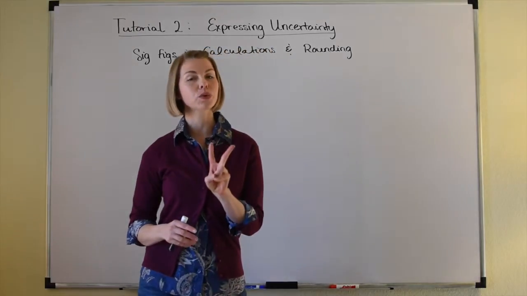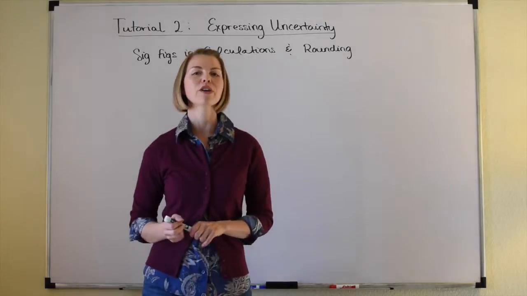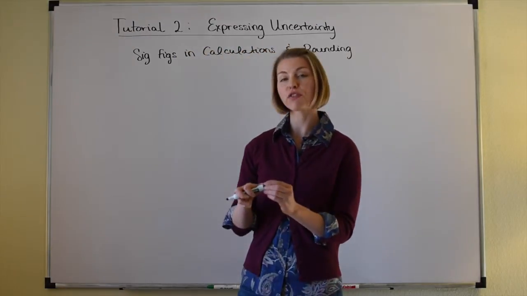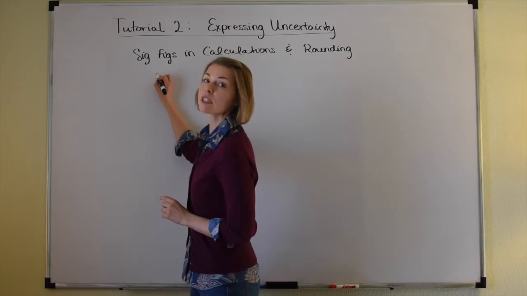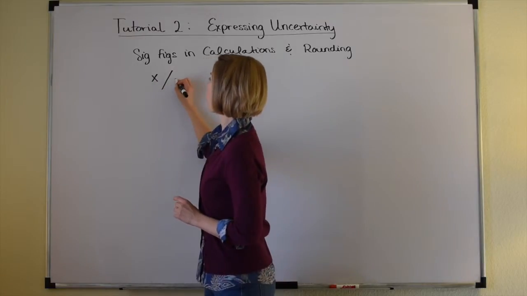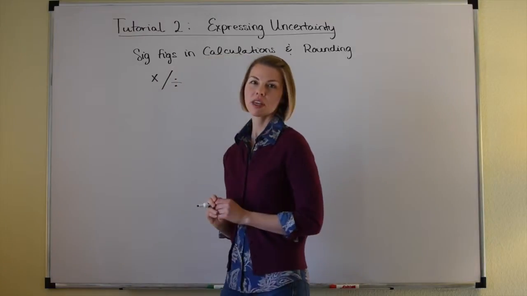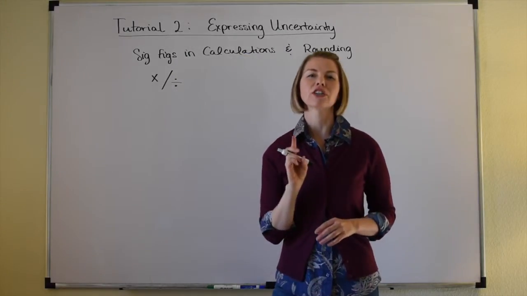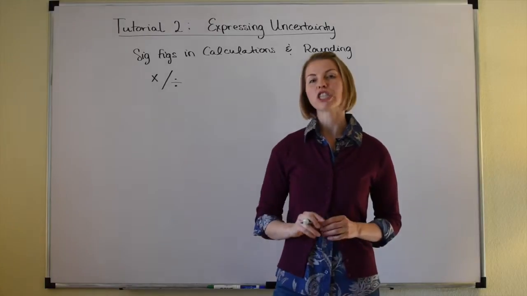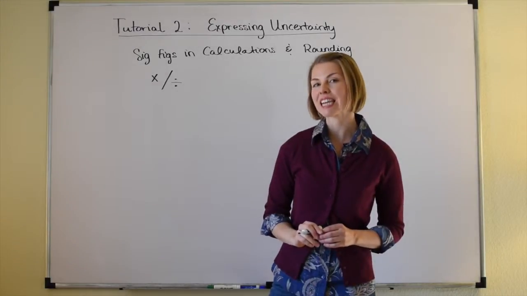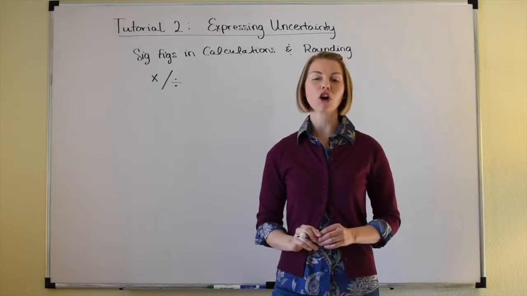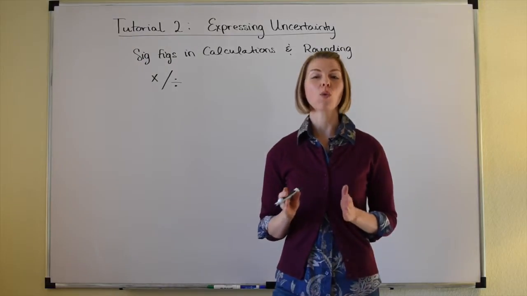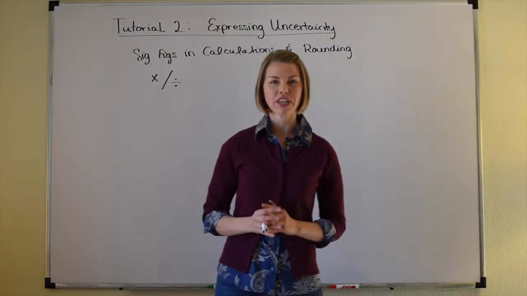And there are 2 rules that you will need to know in order to do this correctly. The first is for when you are multiplying or dividing. The rule is that your final answer should contain the same number of significant figures as there are in the measurement with the fewest significant figures.